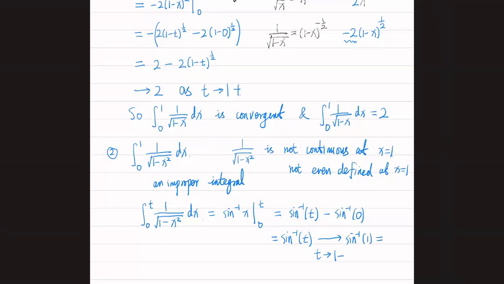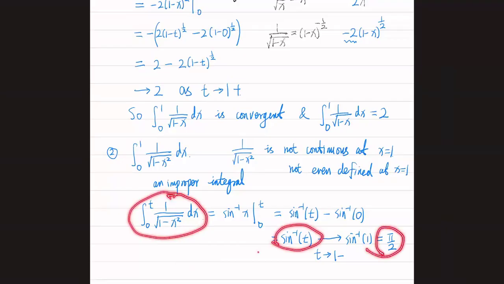Okay. Who knows the value of arc sine at 1? Wait, is it pi over 2? Because sine of pi over 2 is 1. Okay, so this is pi over 2. Now see what we have achieved. This integral is arc sine t, which converges to pi over 2 when t increases to 1.